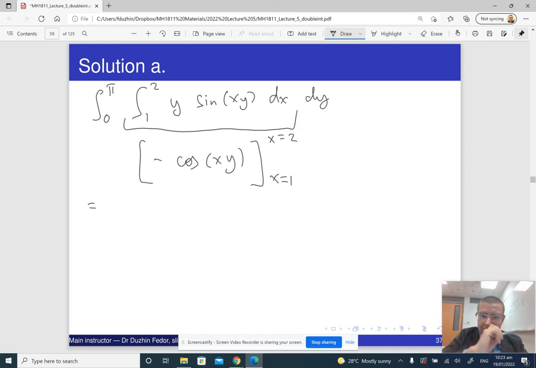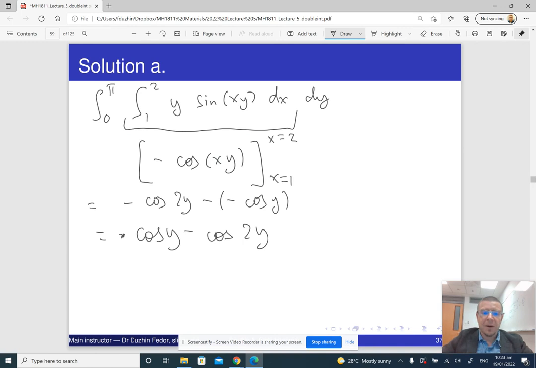All right, so when x is 2, I get minus cosine of 2y, minus minus cosine of x is 1, which is just y. So minus and minus is plus, so it's just cosine of y minus cosine of 2y. Okay, so my integral is really just the integral from 0 to pi of cosine of y minus cosine of 2y dy.